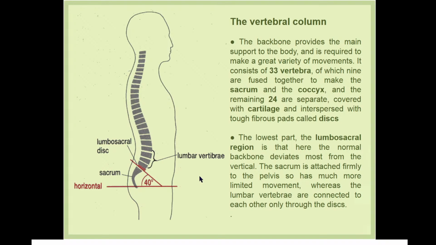Look here, the lowest part, the lumbar sacral region of the vertebral column, is where the normal backbone deviates most from the vertical. The sacrum is attached firmly to the pelvis, so has much more limited movement, whereas the lumbar vertebrae are connected to each other only through the discs.